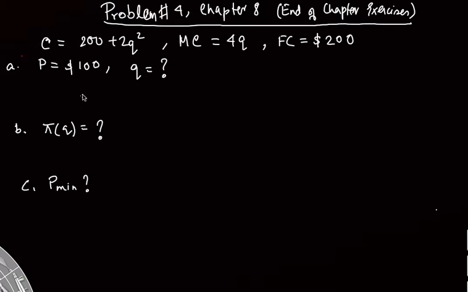The first question is, if price is $100, how much should this firm produce? So for that, how much quantity should be produced? We should start with profit maximization, right? Profit maximization requires, for a perfectly competitive firm, price should be equal to MC, which means this 100 should be equal to MC, which is 4Q, and we are giving it a star to show it as the equilibrium quantity, which means that Q star is equal to 25.